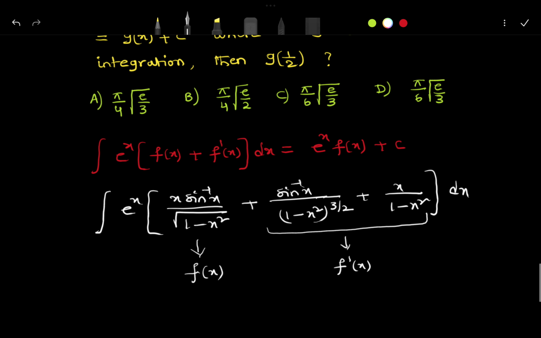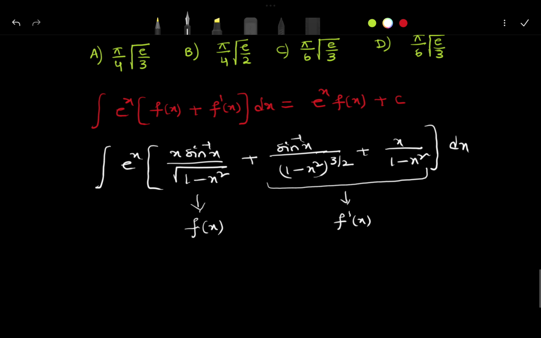So by using the above formula, this answer will be e to the power of x into sine inverse x, whole divided by root of 1 minus x square, plus c.